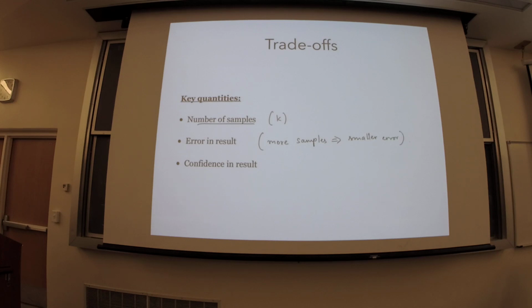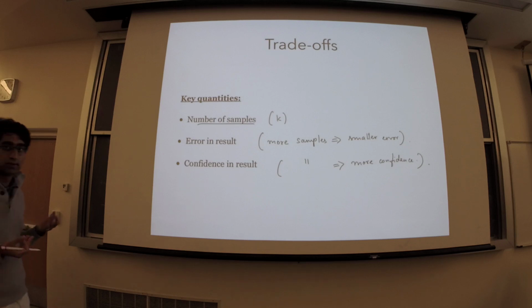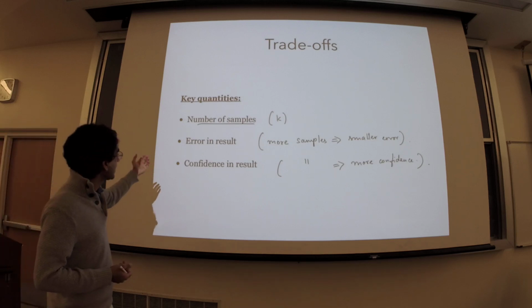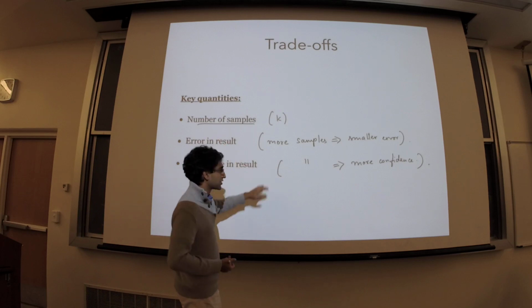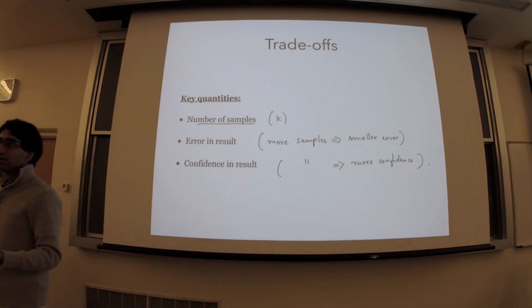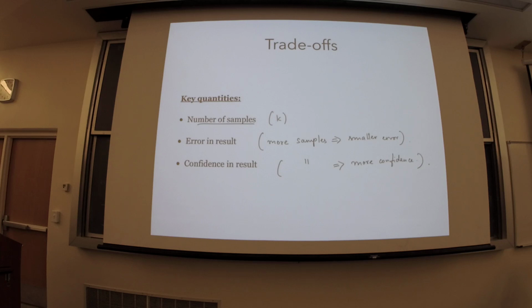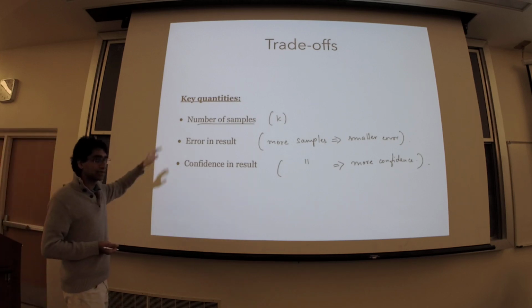The confidence in the result is the same thing: more samples implies more confidence. The error in the result kind of captures the confidence, because you say that you have an error only if you are confident that it is only that error. So these are the key quantities that will come up.